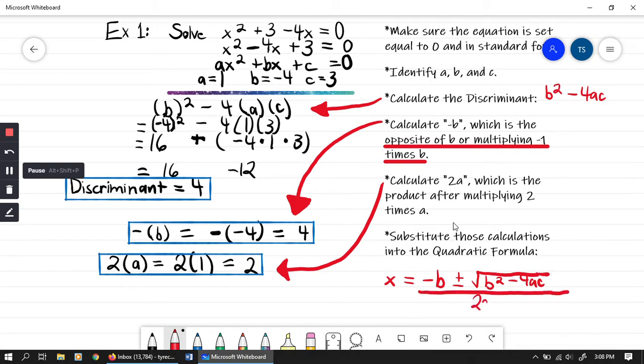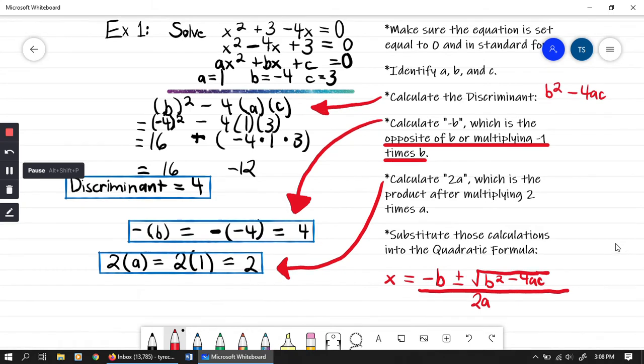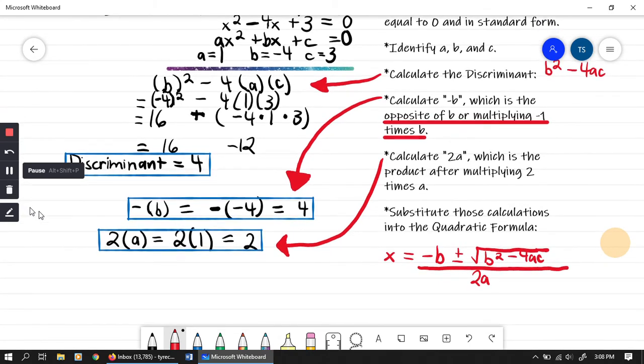So again, we will substitute those parts that we just now got into the quadratic formula. The wording there should be pretty self-explanatory. Where you see negative b in the formula, you're going to put positive 4 there and replace it.